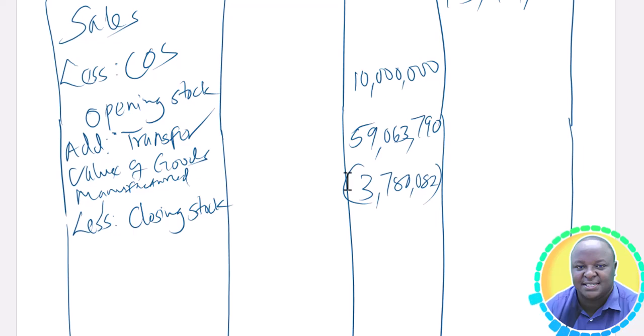You minus 3,780,082, and you'll get 65,283,708.